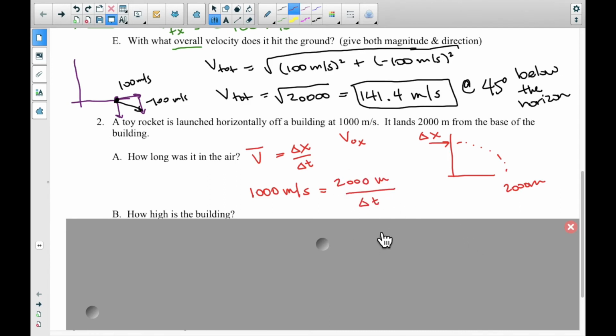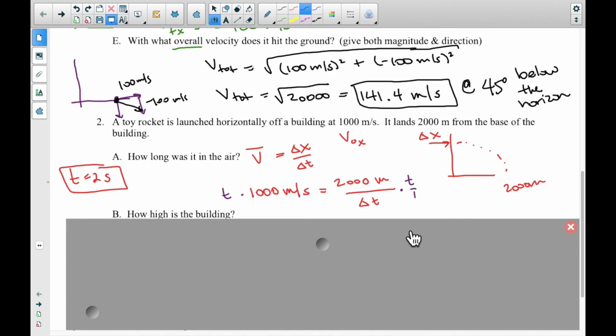Sometimes people get confused when the variable's in the denominator. One thing is you can think about it logically. 2,000 divided by what would give you 1,000? Hopefully we all can see that the time would be 2 seconds there. But if you just want some help on how to do that with algebra, because you have a hard time with that, what I would say is multiply both sides times t.